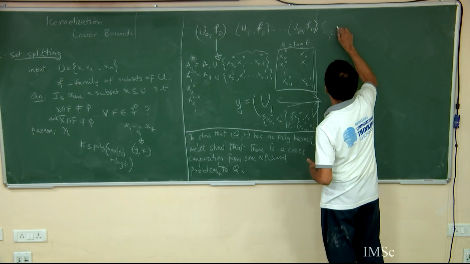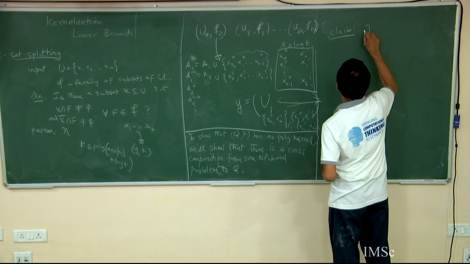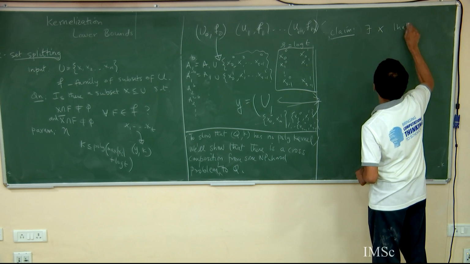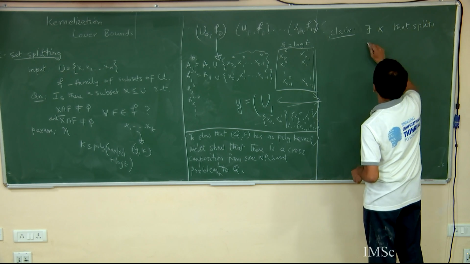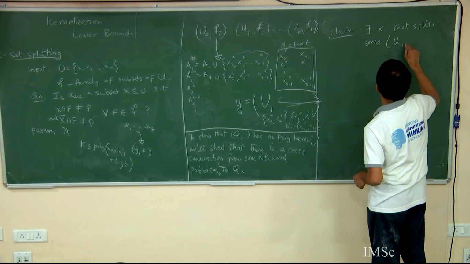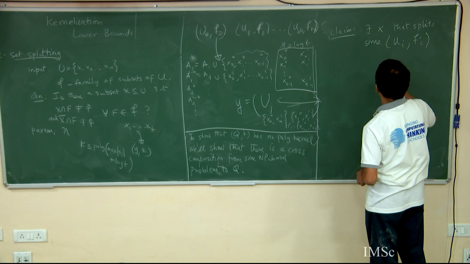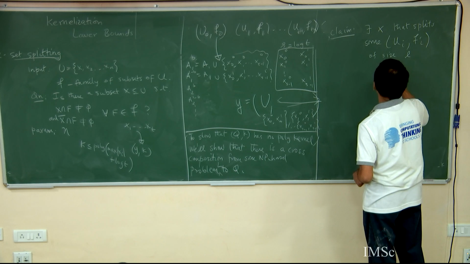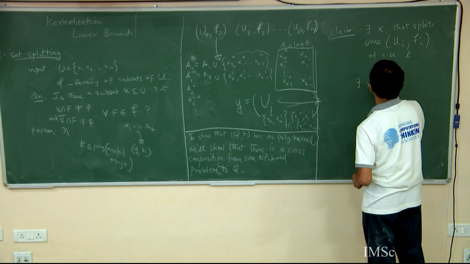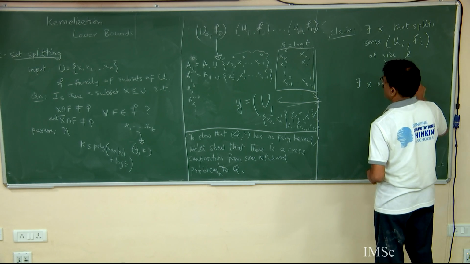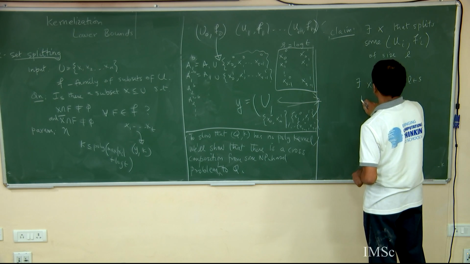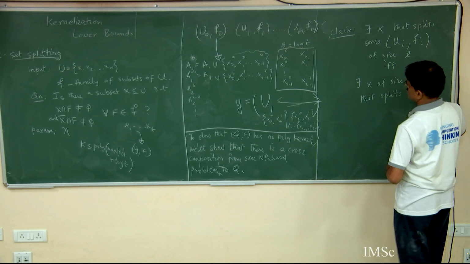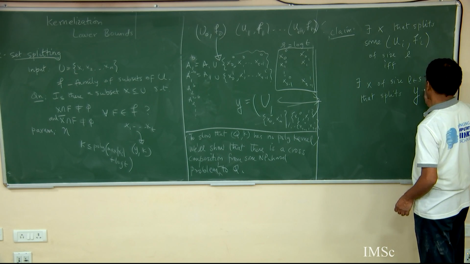So, the claim is there exists an X that splits some union of Fi of size, say, L, if and only if there exists an X of size L plus s that splits my Y, which is this big union.